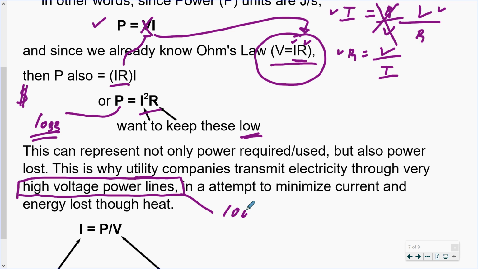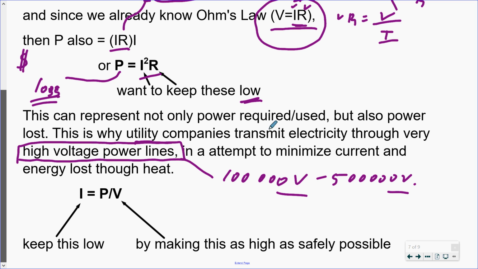So we might be talking 100,000 volts, or we might be talking 500,000 volts. So they're trying to transmit that energy as safely as possible at as high of a voltage as they possibly can. And the whole idea behind doing this is they want to minimize the current, because the lower the current, the lower the power loss, and the less energy is lost in the form of heat.